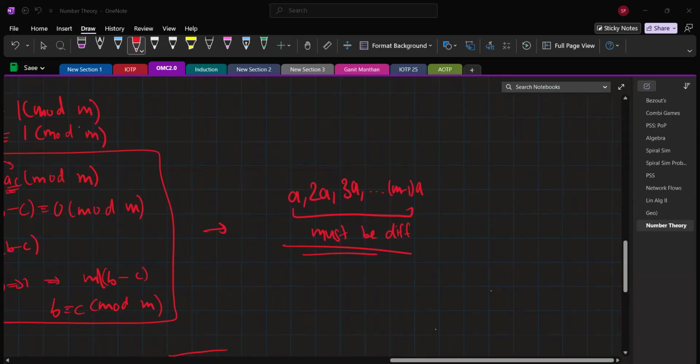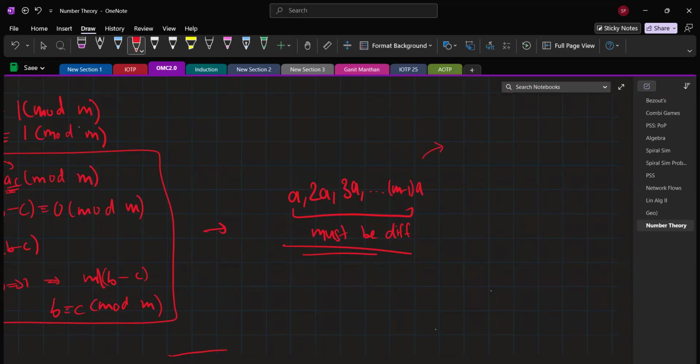Yes. Okay. I like that people are speaking up more now. So, that's quite neat. And in fact, there's a very cool thing you can do from here, something that Rayans earlier mentioned, in the case when m is prime. Since all of these are going to be different, how many of these are there?